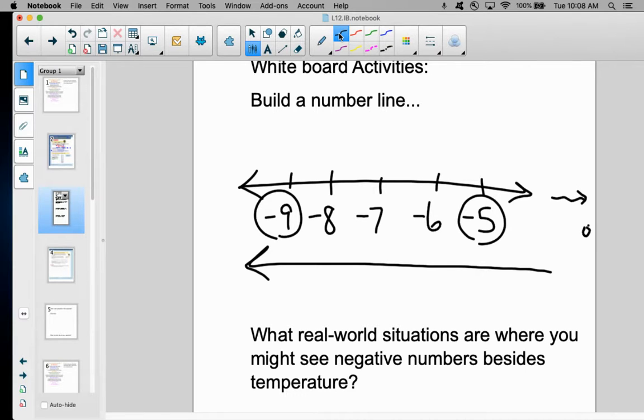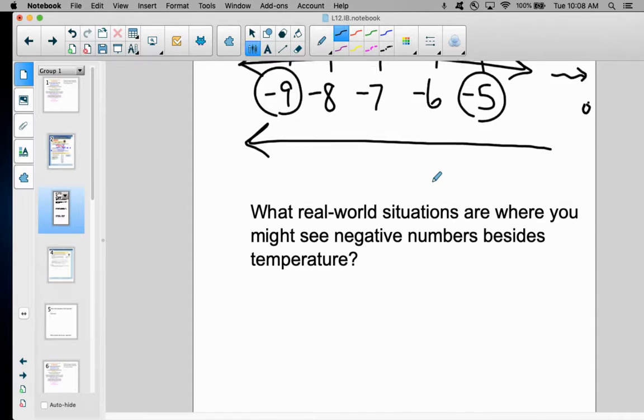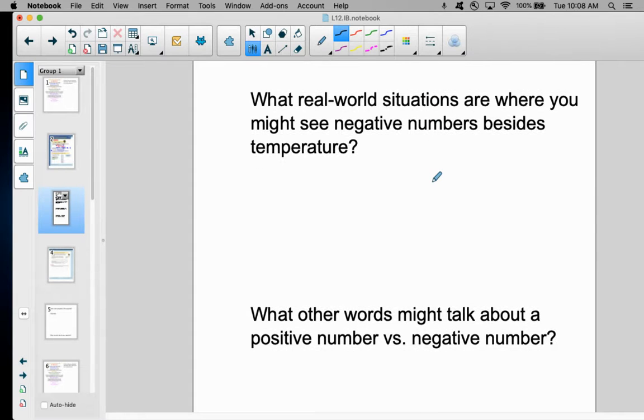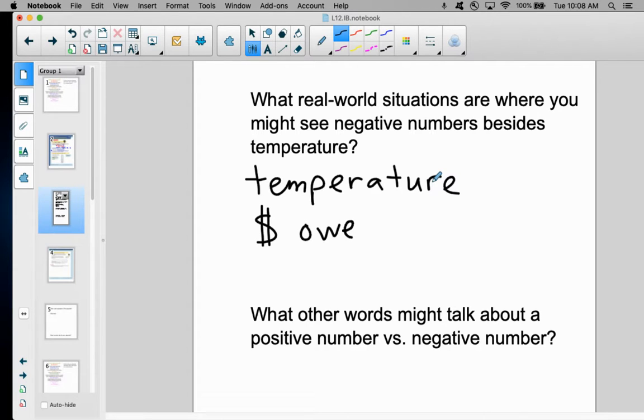Another thing that we're going to talk about, like I mentioned, are other real world situations besides temperature, which is what we discussed on that actual instruction book page. Other topics could be dealing with money. Sometimes you owe money, and that could be a negative situation.